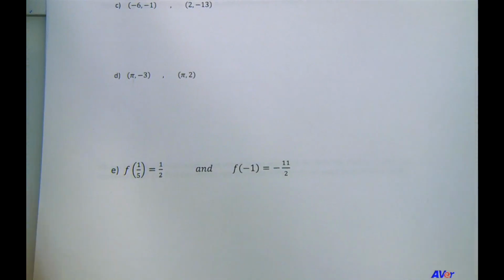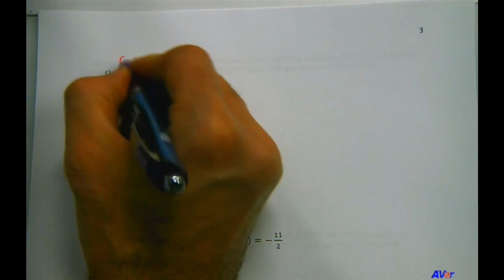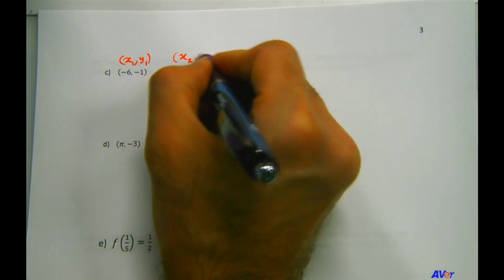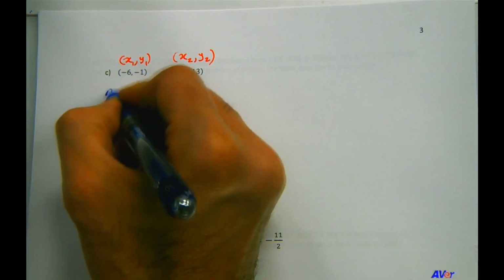This page has 1, 2, 3, 4, 5, 6 problems on it. Please make sure that you solve each of these before you see my solutions. Okay, so let's label these just to make sure that we're on the right track. So I'm going to label that as x1 comma y1, this one as x2 comma y2, right?